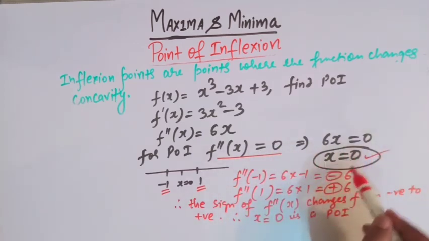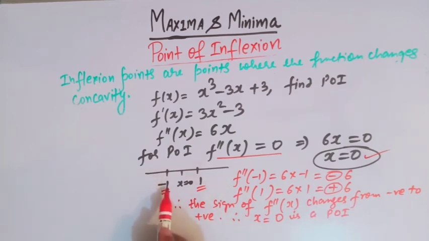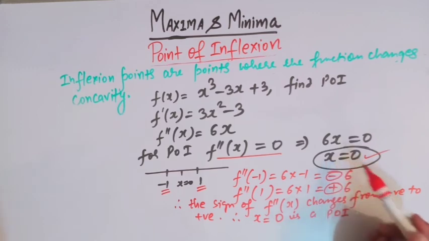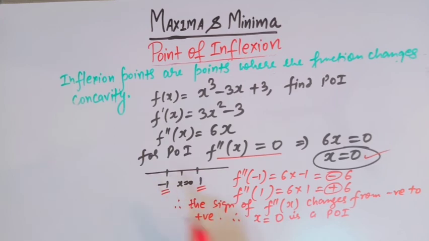In this case we have x equal to 0, then take 1 point to the left and 1 point to the right of x equal to 0, and calculate the sign of the second derivative at these 2 points, right? And if the sign changes, then the given point is a point of inflection, and if the sign doesn't change, then the point is not a point of inflection.